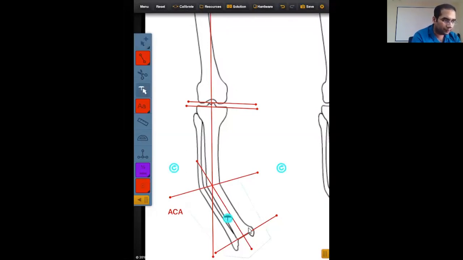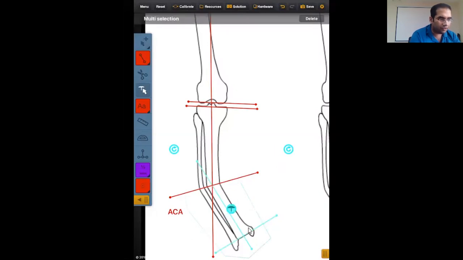Let me show you. Let's suppose there is a patient who has got deformity and there is a shortening as well. So you're planning that I want to apply an Ilizarov, I want to correct the deformity, and while doing so, I also want to lengthen the limb.